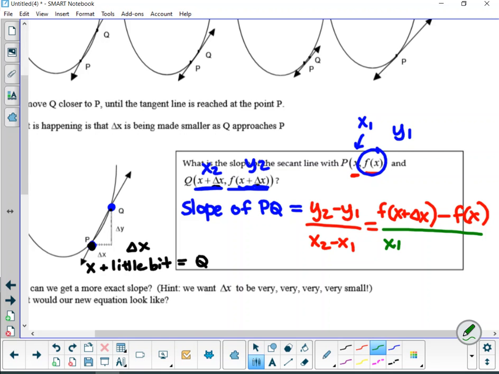Then x2 minus x1. You can write parentheses around it. You don't necessarily need it, but you can.